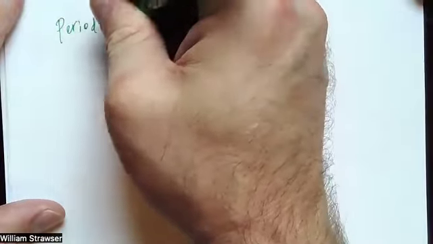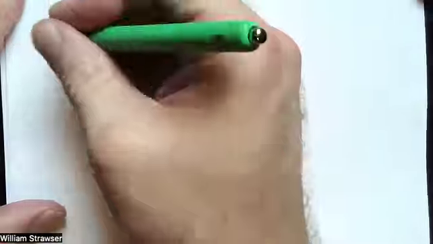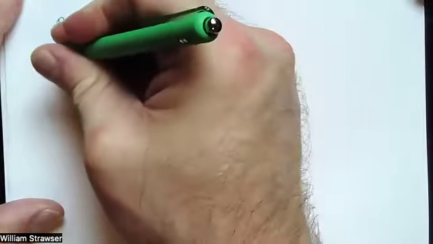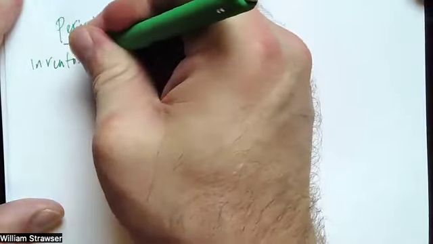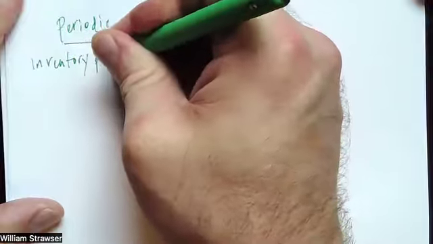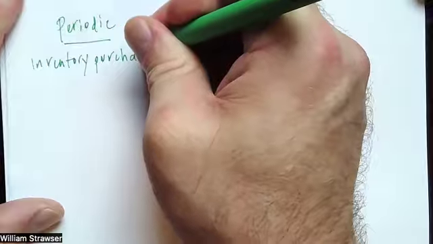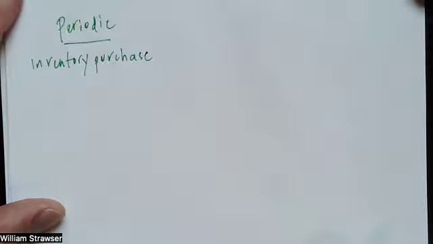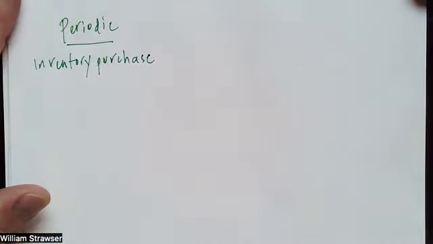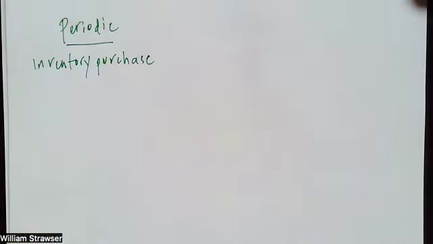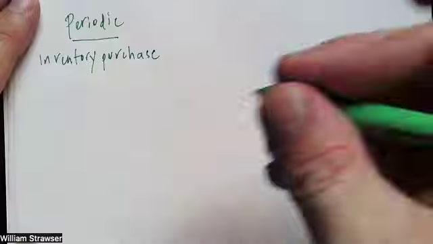So under the periodic system, when we have an inventory purchase, that's the transaction. I'm just buying inventory, which we define as something that we have purchased or made with the explicit intent to resell as part of our core operations.